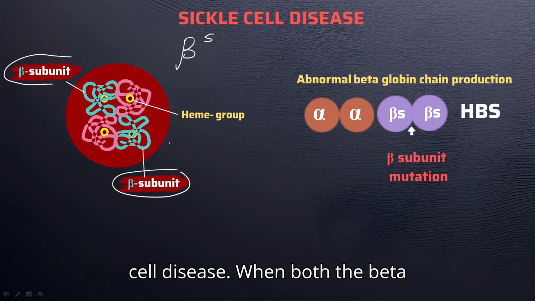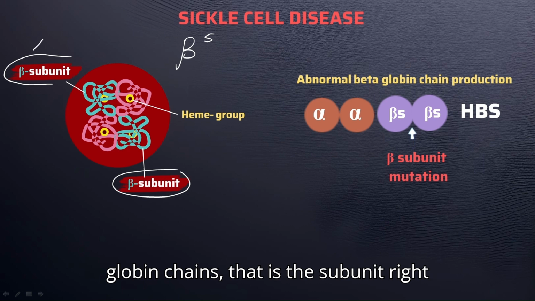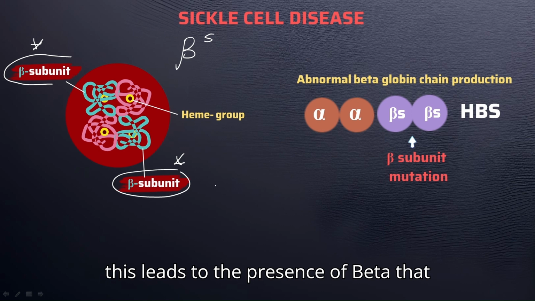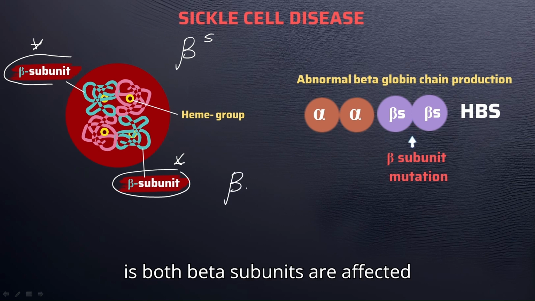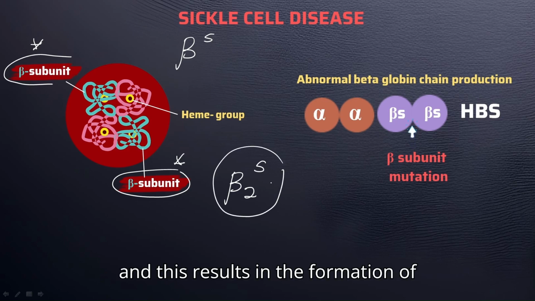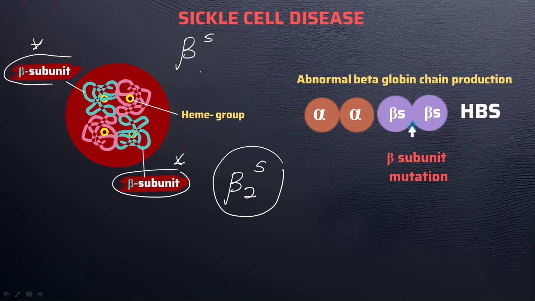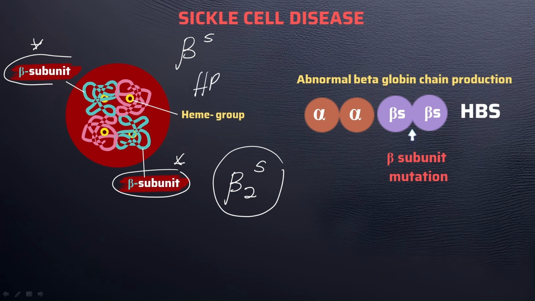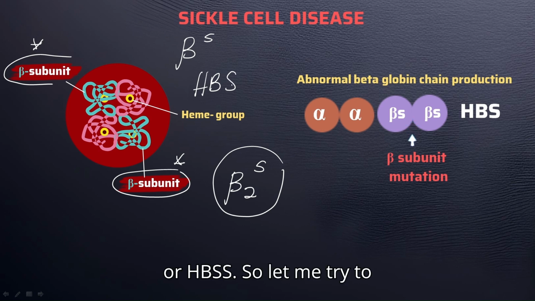When both the beta globin chains, that is the subunit right here, and this one, are affected with the sickle mutation, this results in the formation of a hemoglobin which is represented as HbS or HbSS.